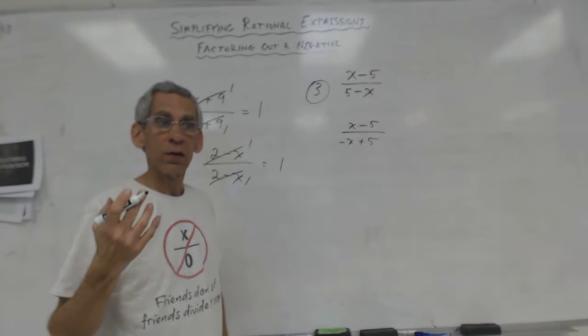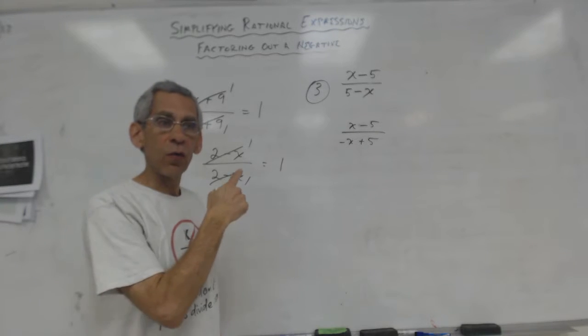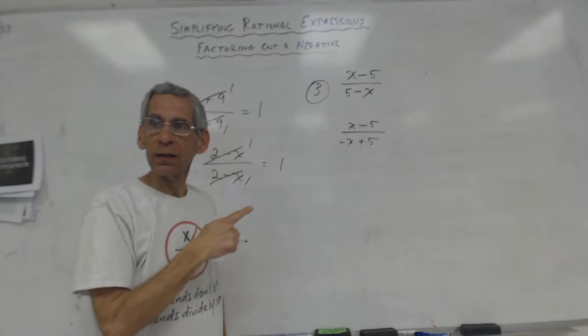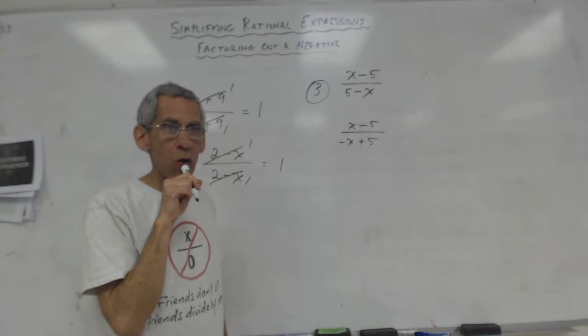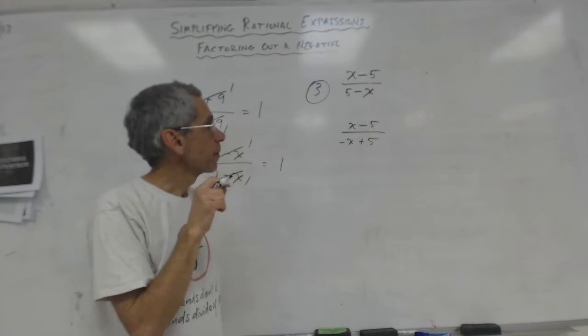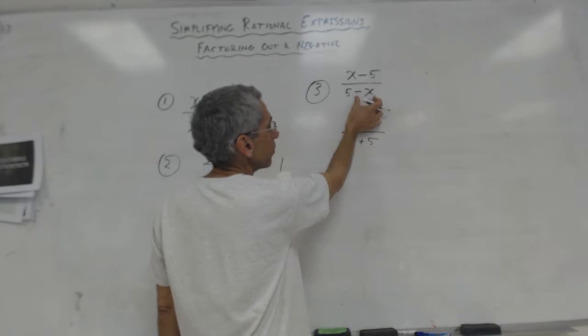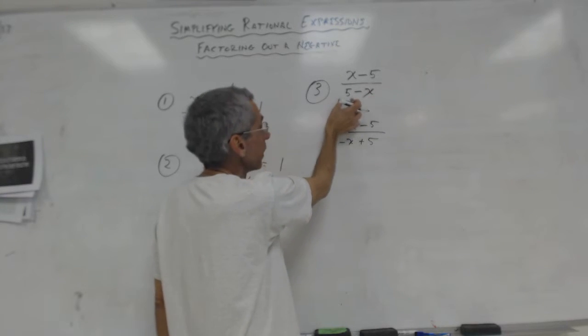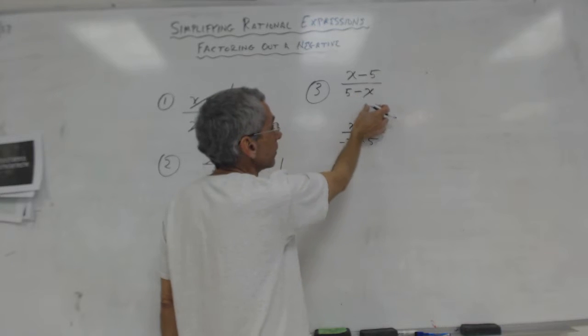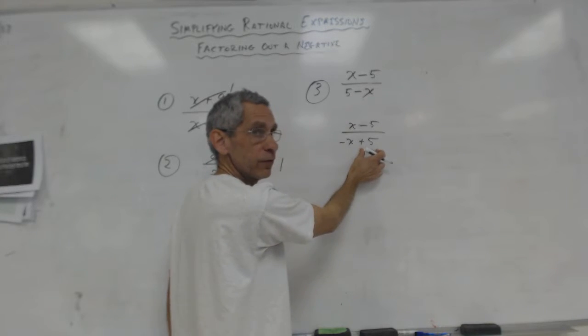Are you allowed to just switch them? It's totally fine for me to move the x over here as long as I keep the negative with it, and the 5 is positive as long as I keep a positive.